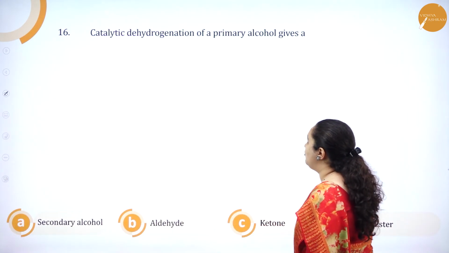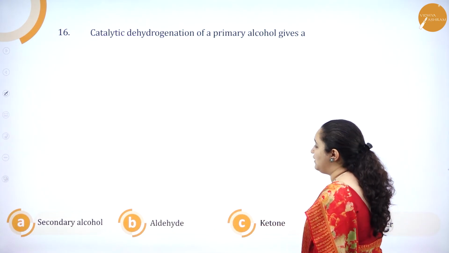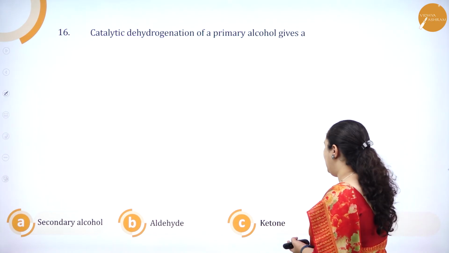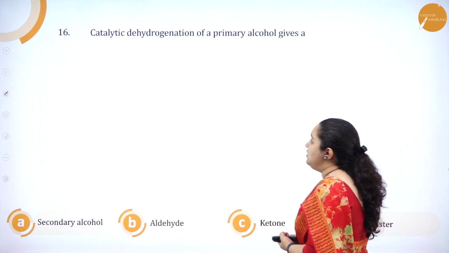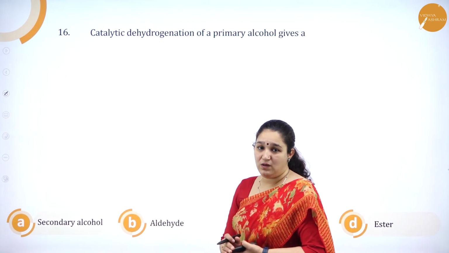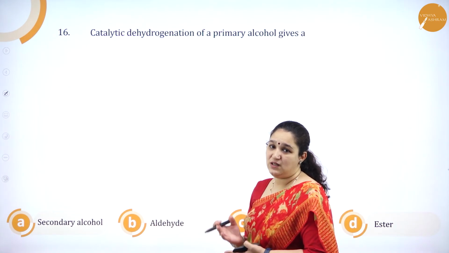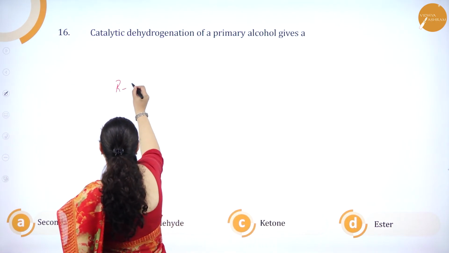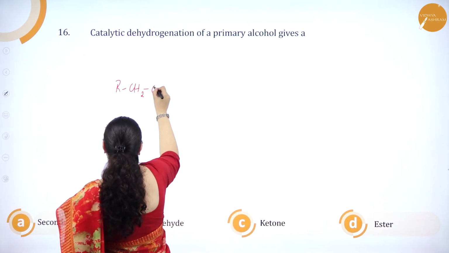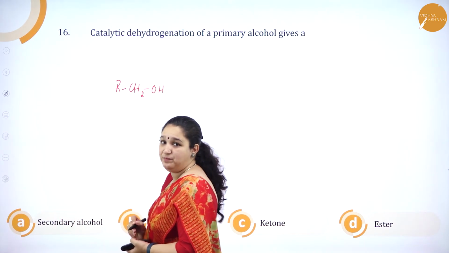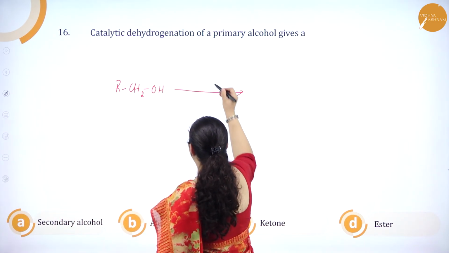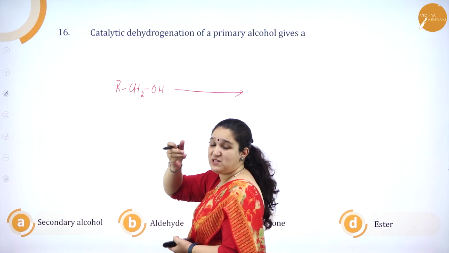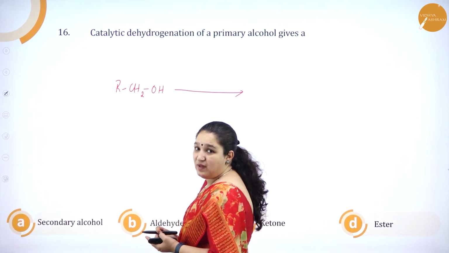Catalytic dehydrogenation of primary alcohol gives secondary alcohol, aldehyde, ketone, ester. So, primary alcohol, what does it give is the question. Now, RCH2OH. So, this is a primary alcohol. This on catalytic dehydrogenation, that means we are removing hydrogen, isn't it?